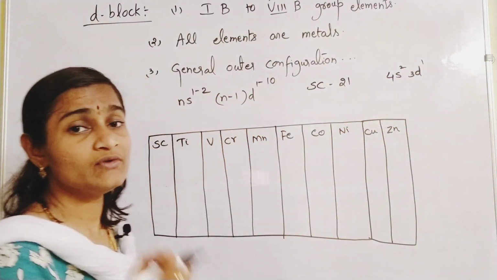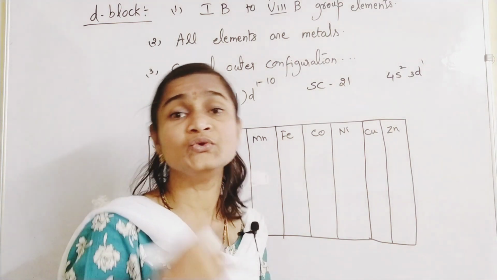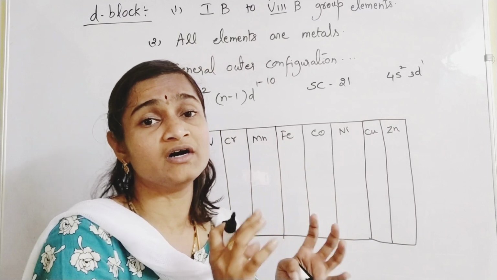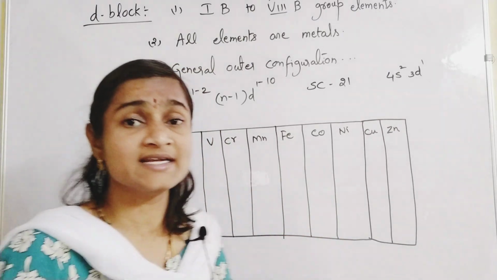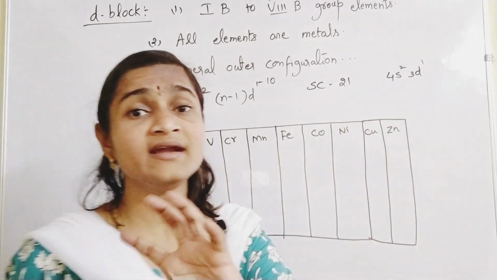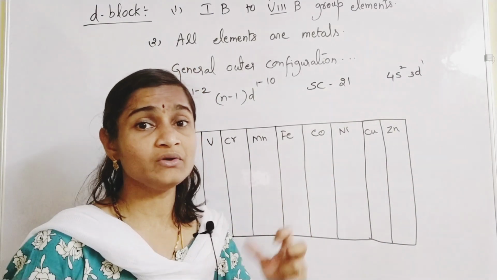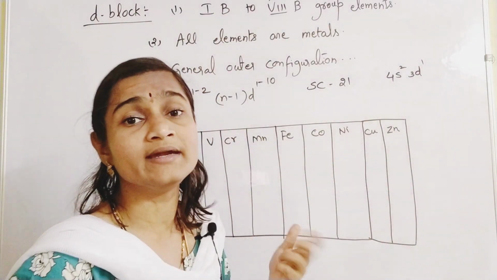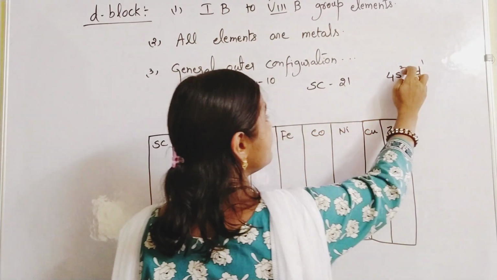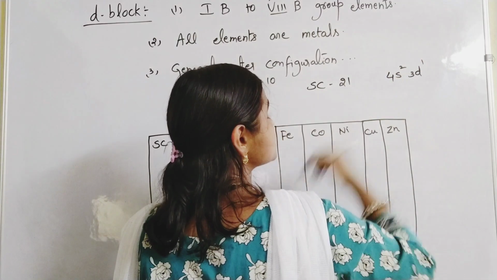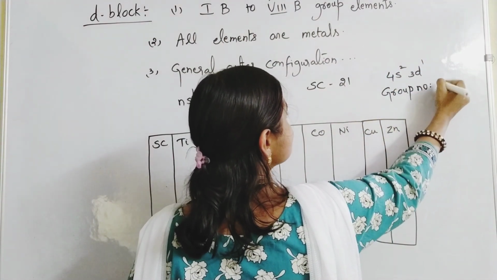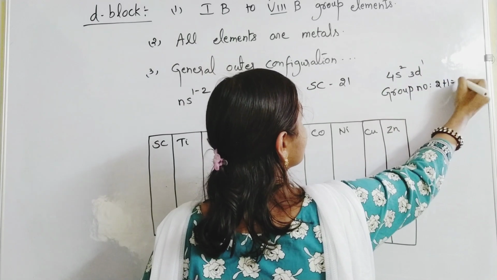If you haven't watched my previous video, you can watch it, so that you can understand better how to locate the position of an element in the periodic table, how to locate the period number and group number. Based on that only, the location of an element can be identified. So 4s2 3d1, if you add these two numbers, 2 plus 1, group number is 3.